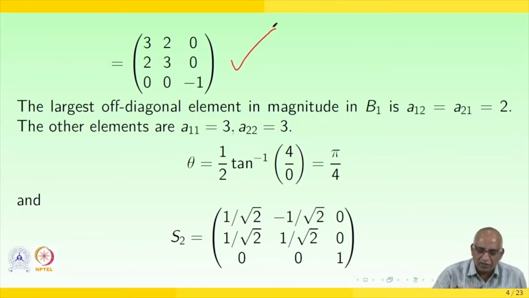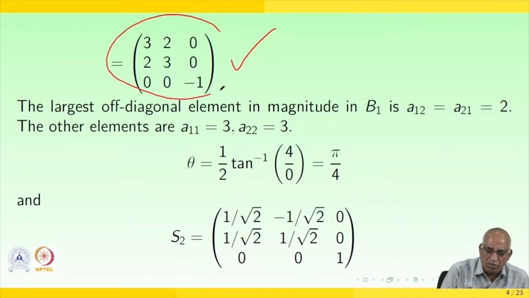Which turns out to be 3, 2, 0; 2, 3, 0; 0, 0, minus 1.